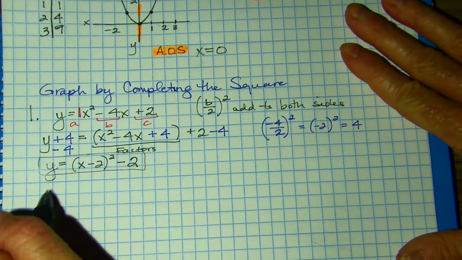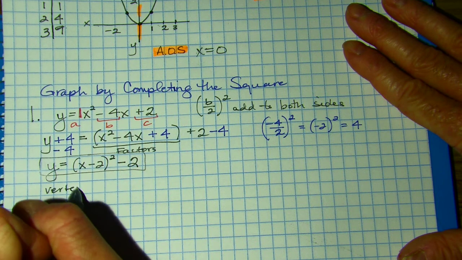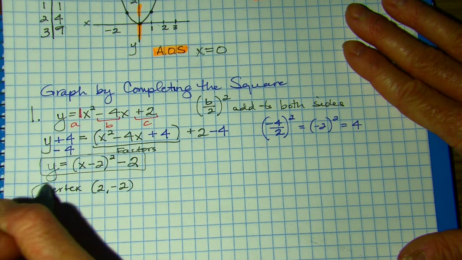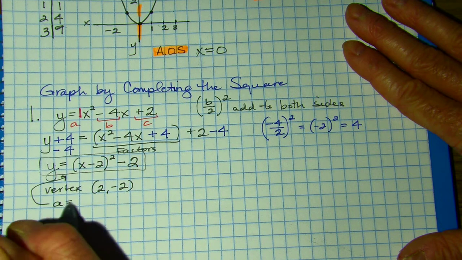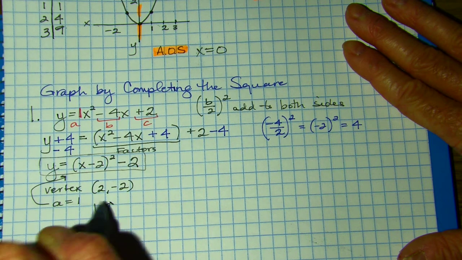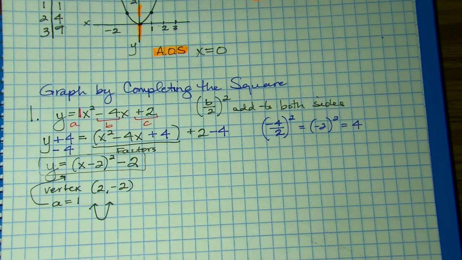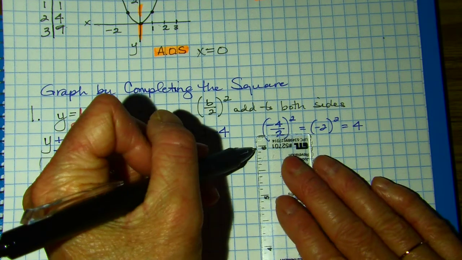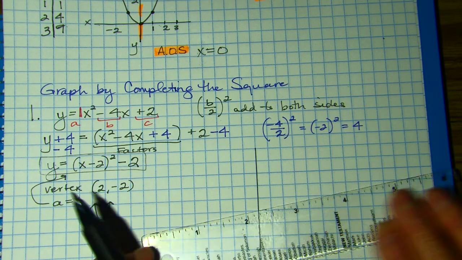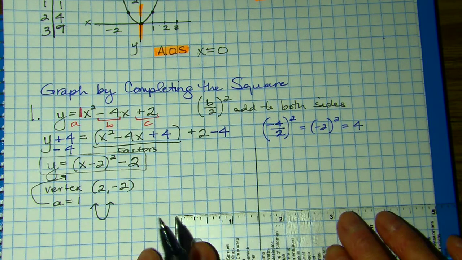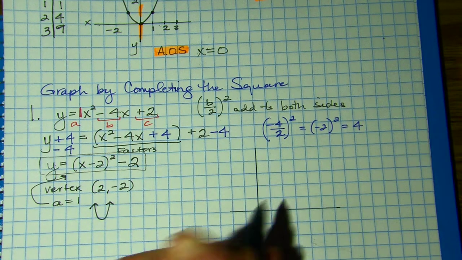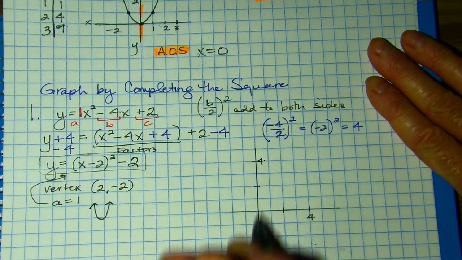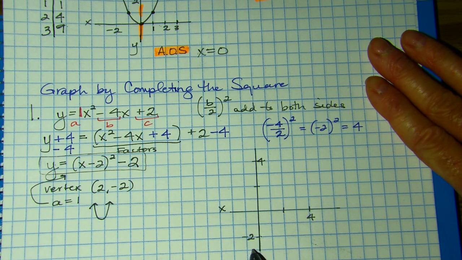Okay, so my vertex is at 2, negative 2. My a value is a positive 1, so I know it points upward. And so we are going, where's my ruler, to graph it. So here's x, here's y.